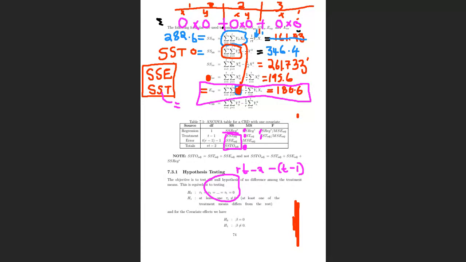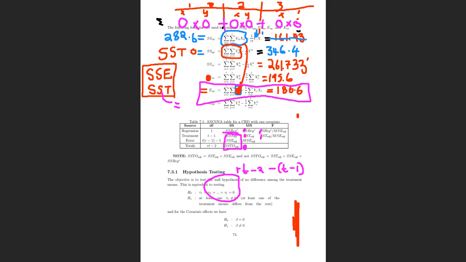Let's check this one, guys. You see, it was saying SSTO adjusted is equal to SST adjusted plus SSE adjusted. Not what? This is very, very important, guys. Not the sum of everything, isn't it? So this is not correct.